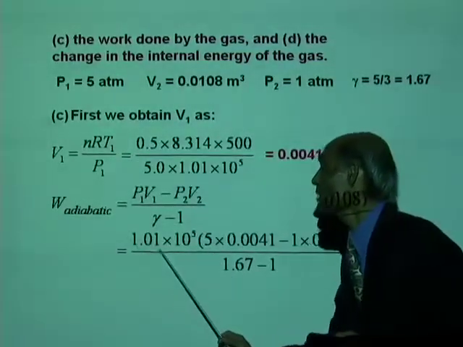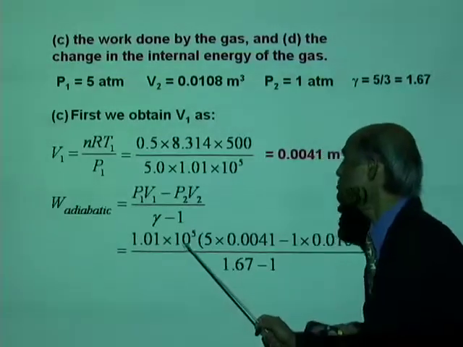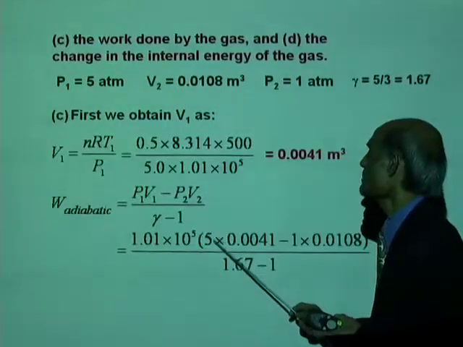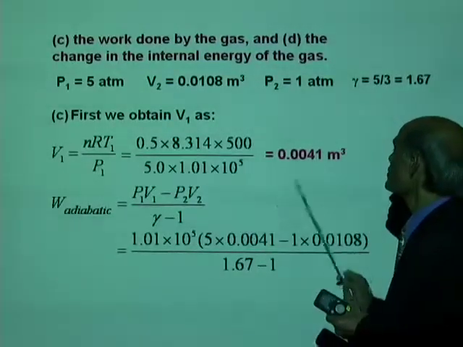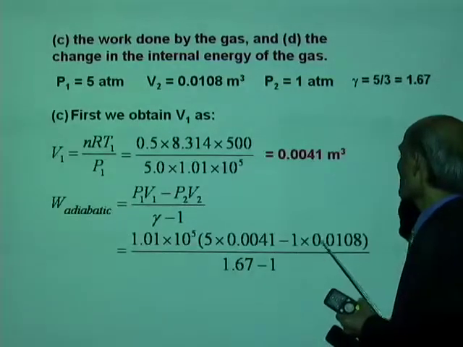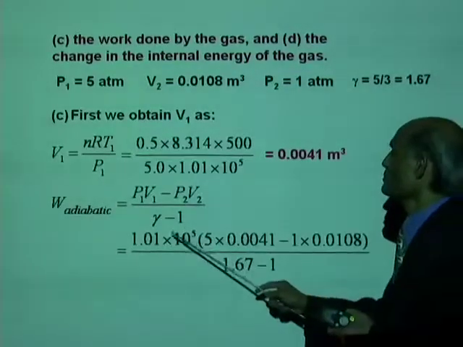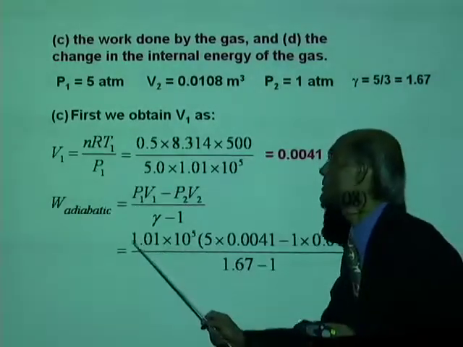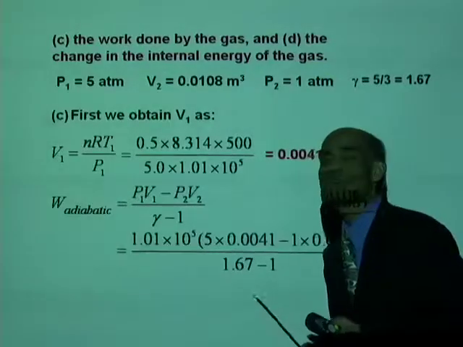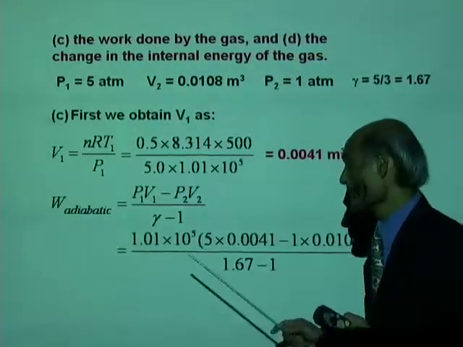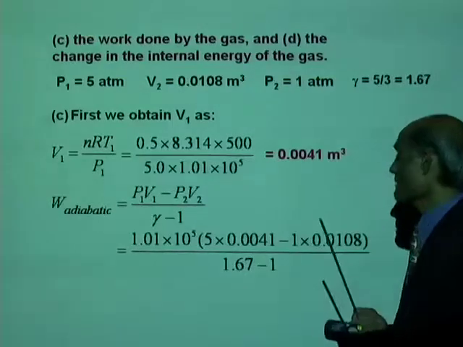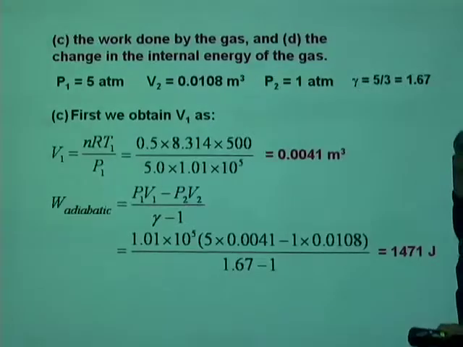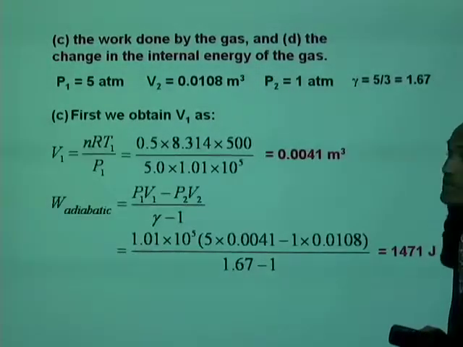I have taken 1.01 times 10 to the 5 outside, so that I don't have to multiply for each. It'll be 5 times the volume in meter cube, minus 1 times V2. You see, P1 V1 minus P2 V2, and multiply that by 1.01 times 10 to the 5 divided by gamma minus 1, and that is 1471 joules is the amount of work done.